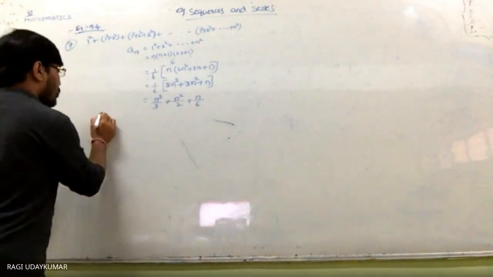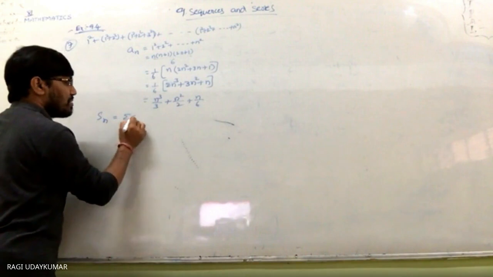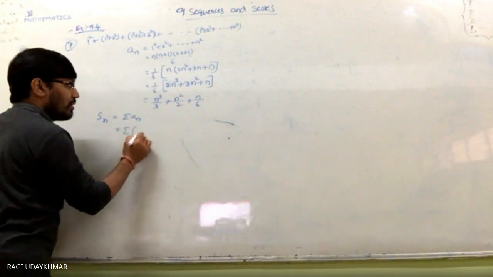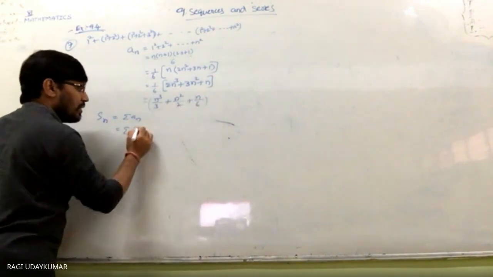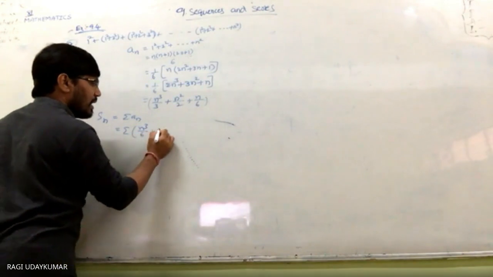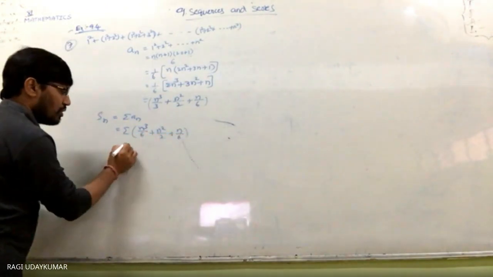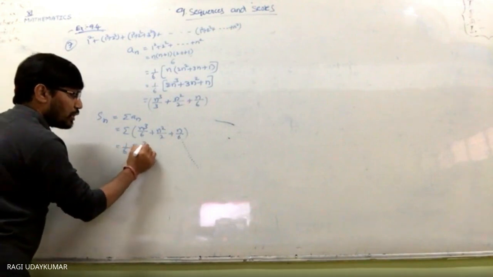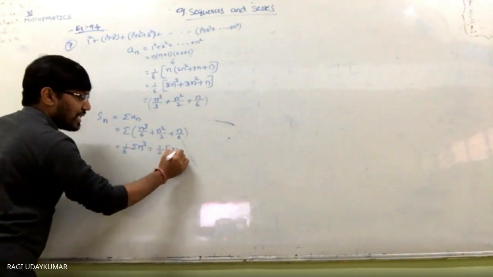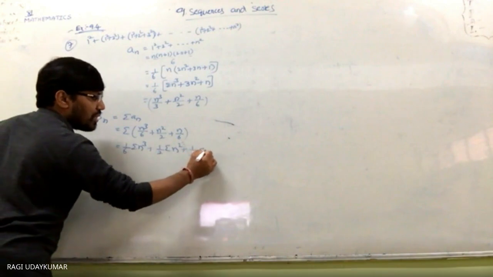Now you need to find Sn. Sn is equal to sigma an. So sigma of n cube by 3, n square by 2, n by 6, which is equal to 1 by 3 of sigma n cube plus 1 by 2 of sigma n square plus 1 by 6 of sigma n.